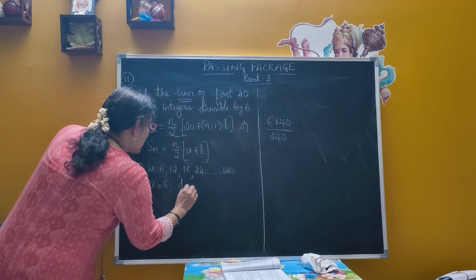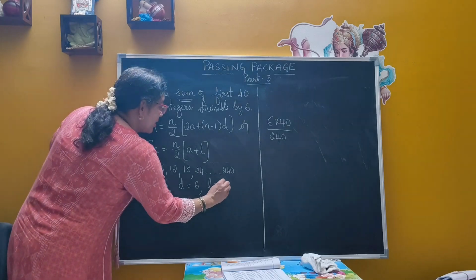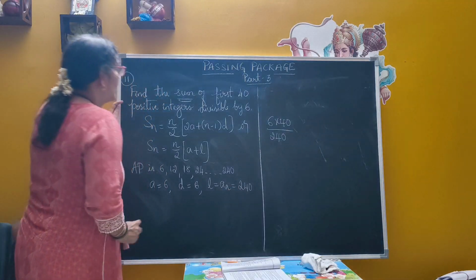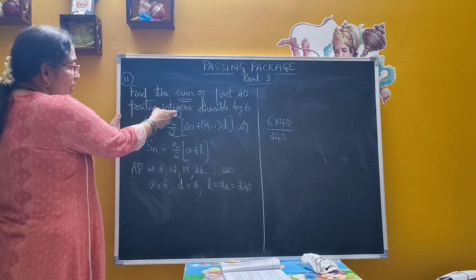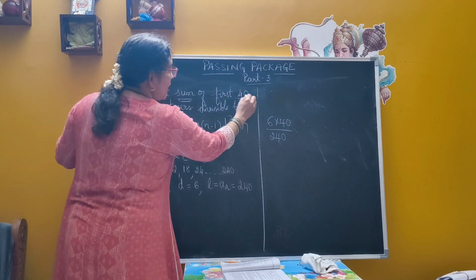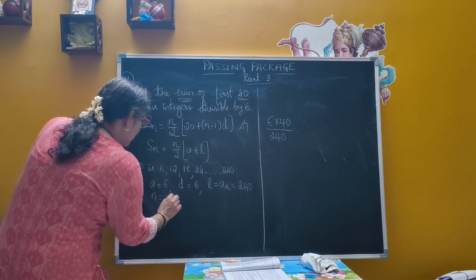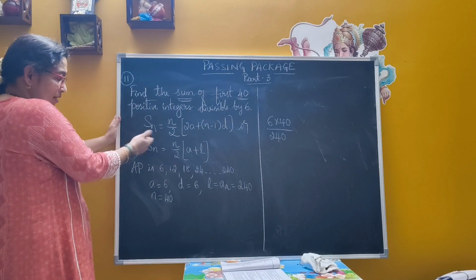So d is 6 and l, or a_n, is 240. Now we need to find the value of S_n. First 40 is given, so n is 40. Let us use the second formula. It is easy because we know all these things, isn't it?